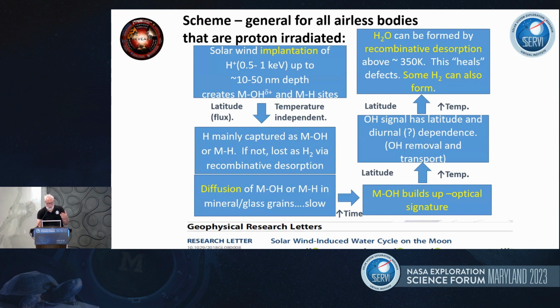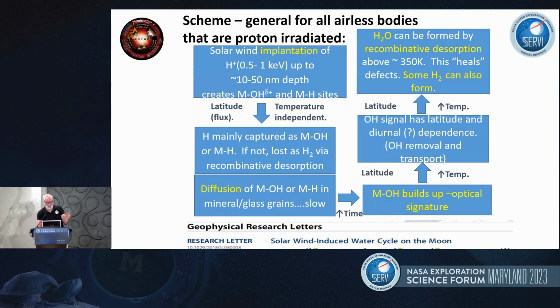So when a solar wind proton interacts with the regolith, it penetrates in due to the stopping power. It loses energy by dE/dx, which is an electron energy loss, primarily ionization, and implants itself as a hydroxyl. These are the stable signatures for the 3 micron, or 2.8 to 3 micron, band.